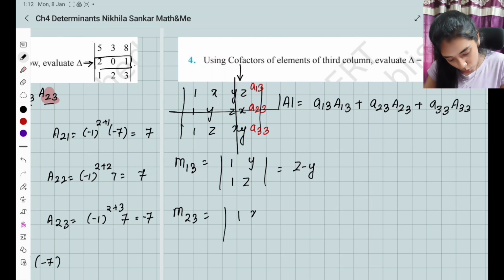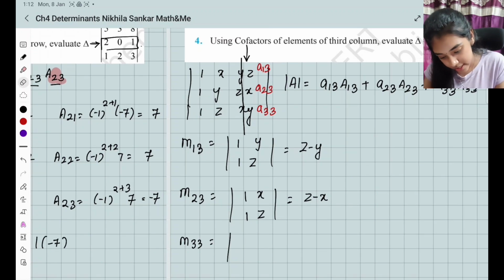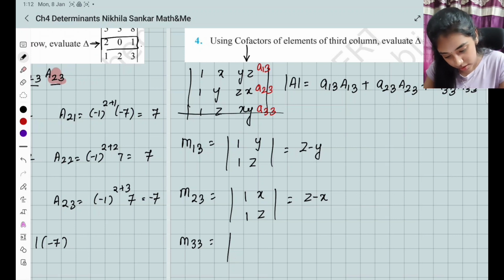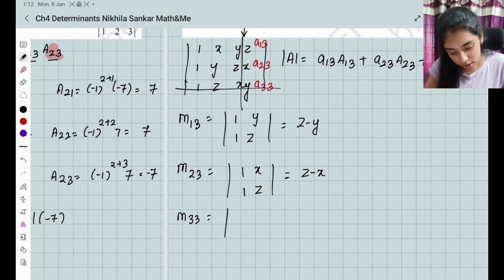So I have 1 x, 1 z. So I have z minus x. m33 is going to be determinant of, I'll erase this. m33 na I have to hide this particular column and this particular row. So I have 1 x, 1 y. So finally எனக்கு y minus x.